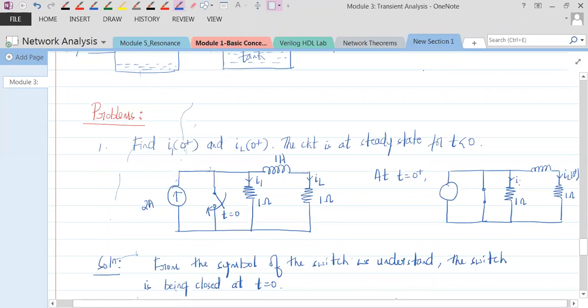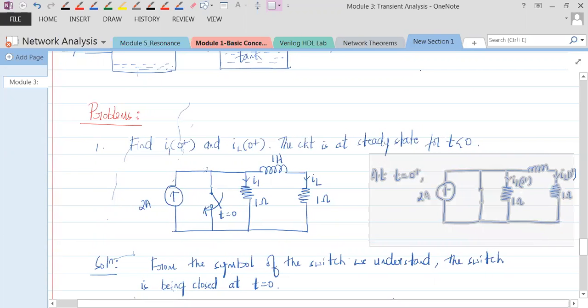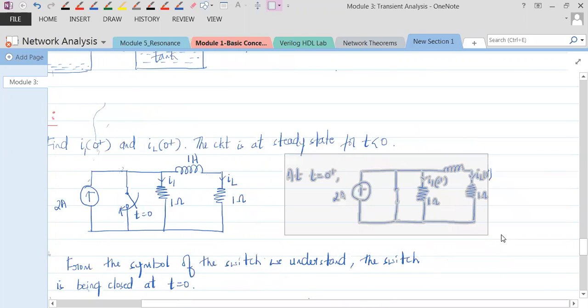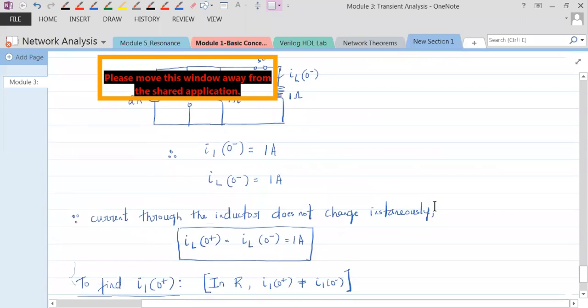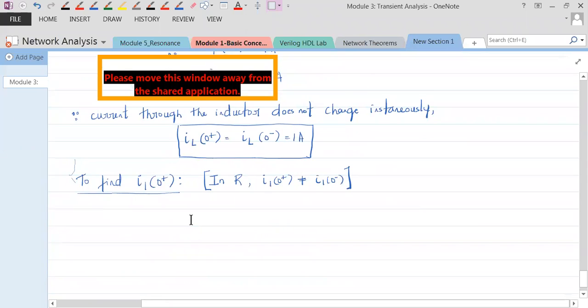This is I1 of 0 plus. This is 2 amp. This is how it is going to look. Now, can anybody tell me what is I1 of 0 plus from here? Is anybody ready to give me I1 of 0 plus?